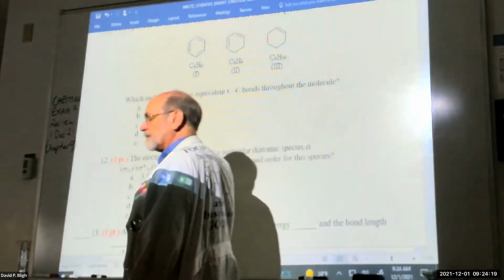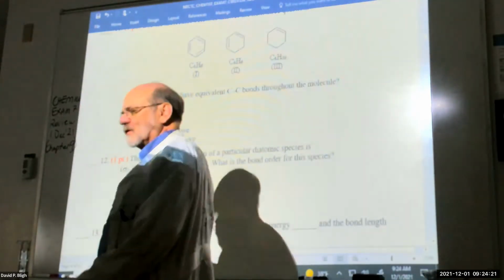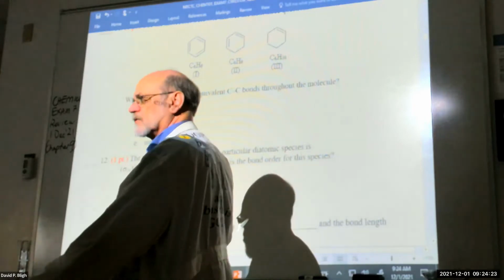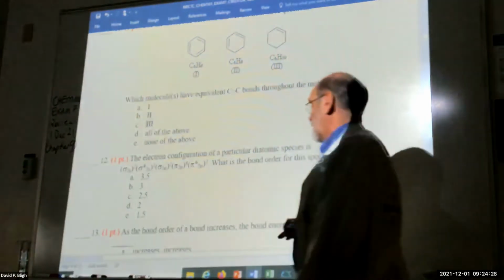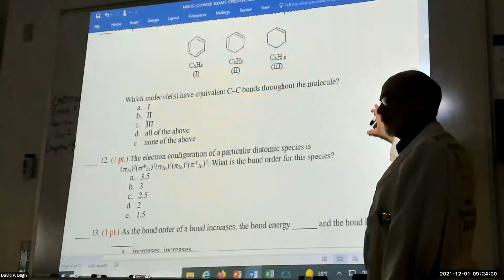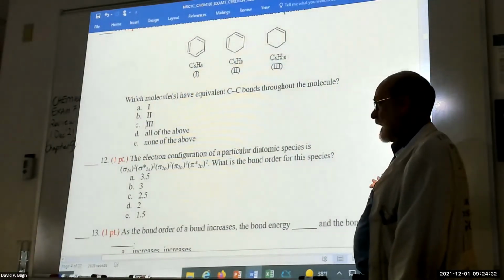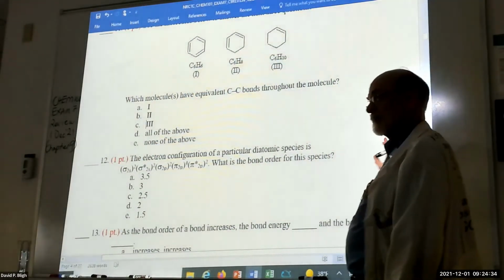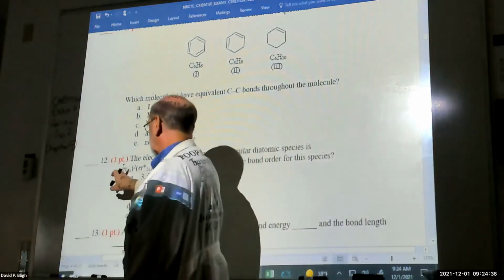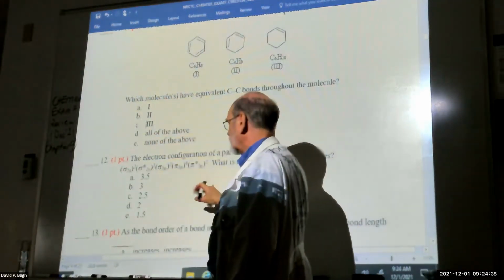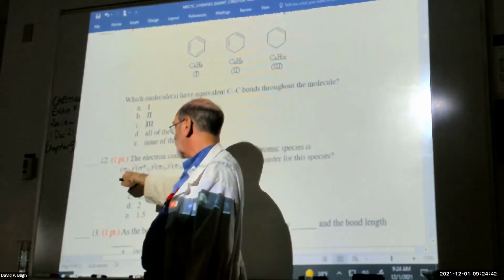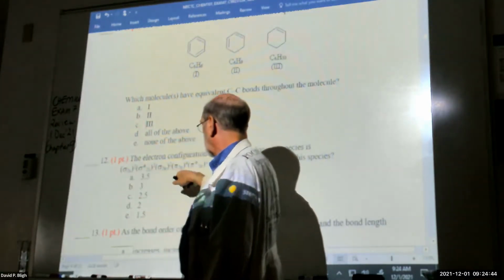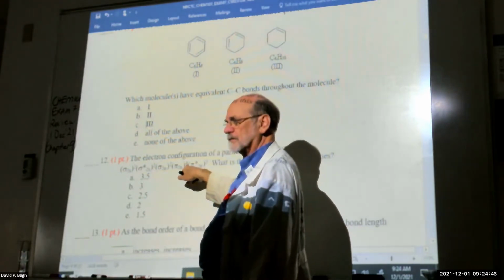It's similar to the electronic configuration that we learned for individual atoms. You can take the energy diagram that we constructed for molecular orbitals and just turn it on its side, with the low energy on the left, increasing energy to the right. And these are the number of electrons that can be placed in each one. Sigmas can only have 2, and pi's can have 4.